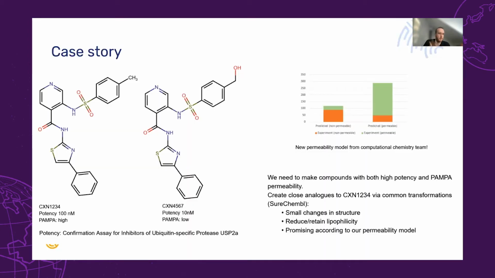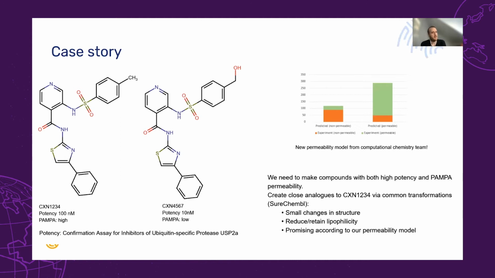In a ubiquitin protease related project, we have 2 compounds. They both have one good and one bad property. With one of the compounds, potency is good, but its permeability is poor. With the other compound, potency is good, but permeability is quite poor. So permeability is good.